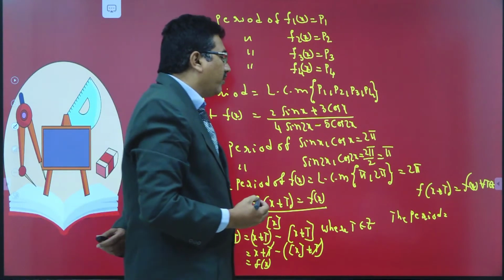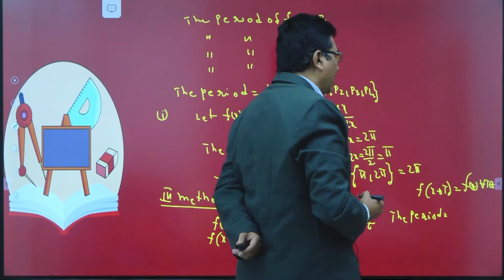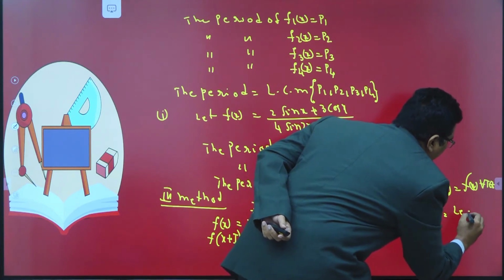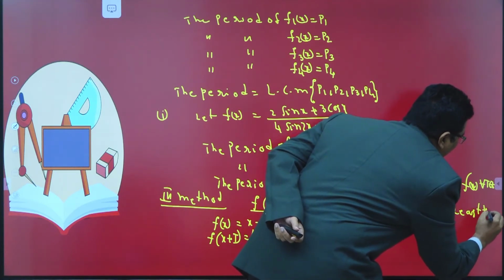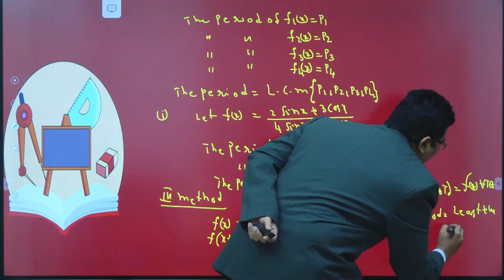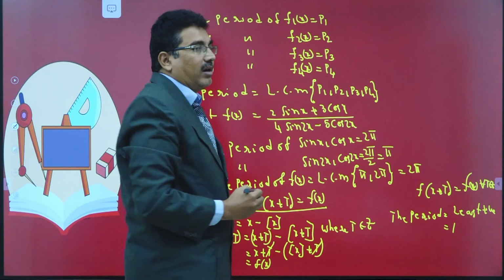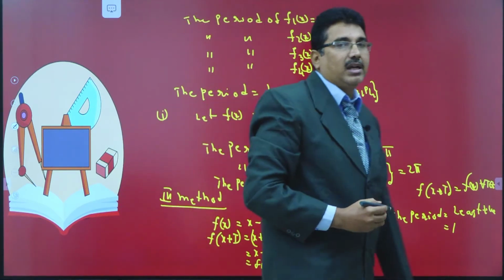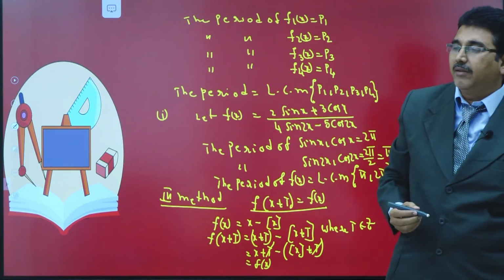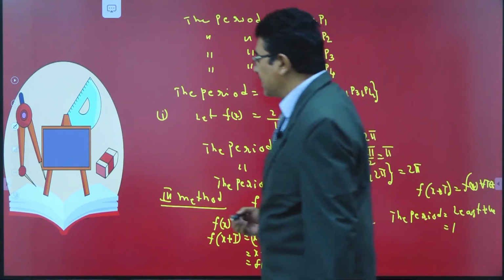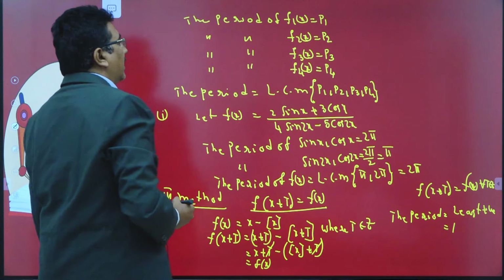Least positive integer means that is 1. Therefore, the period of this function is 1. Right, these are the three different methods for finding period of a function. Okay, right.